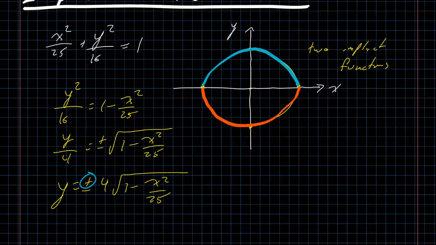If I choose the plus branch, then I am implicitly defining the function that I graphed in blue. If I choose the minus graph, then I am implicitly defining y using the function that I graphed in red. So this curve gives me two functions. And any curve that is not actually satisfying the function rule, we can find a way to split it, take just part of the curve, and that part of a curve defines a function.